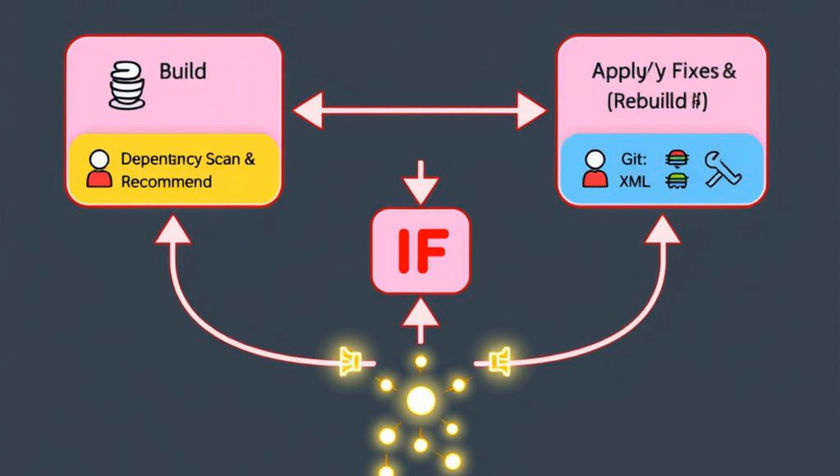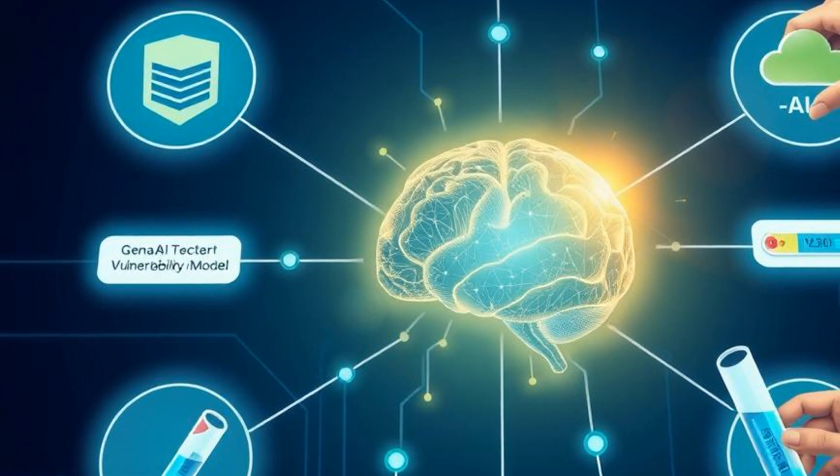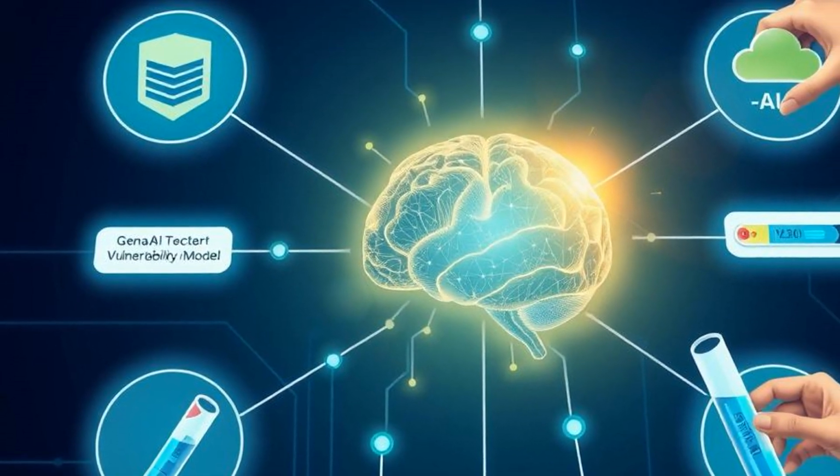Following the analysis, the apply_fixes.sh script takes center stage as our autofix bot. This shell script reads the JSON recommendations generated by AI_dependency_advisor.py. Its primary tool for manipulation is xmlstarlet, a command-line XML toolkit.